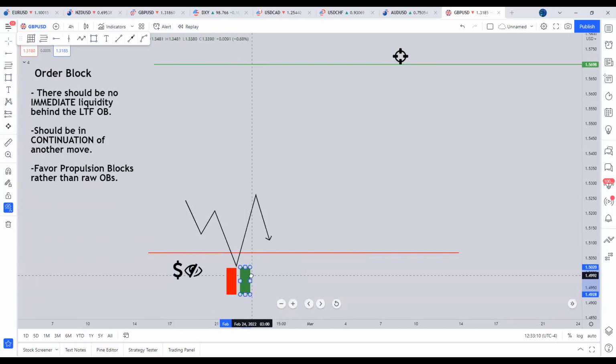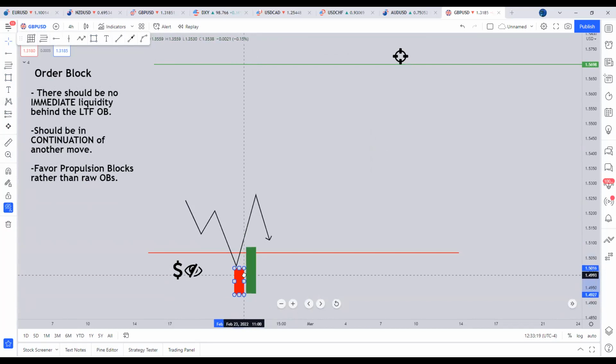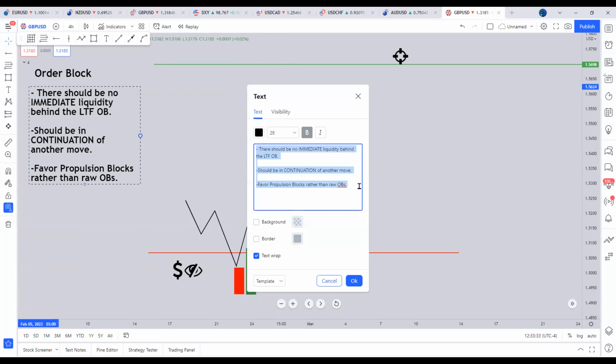Usually it will engulf the previous candle. This does not mean that every single engulfing candle that you see on your chart is an order block. Order blocks that are important should have taken liquidity beforehand. I should probably add that on here.